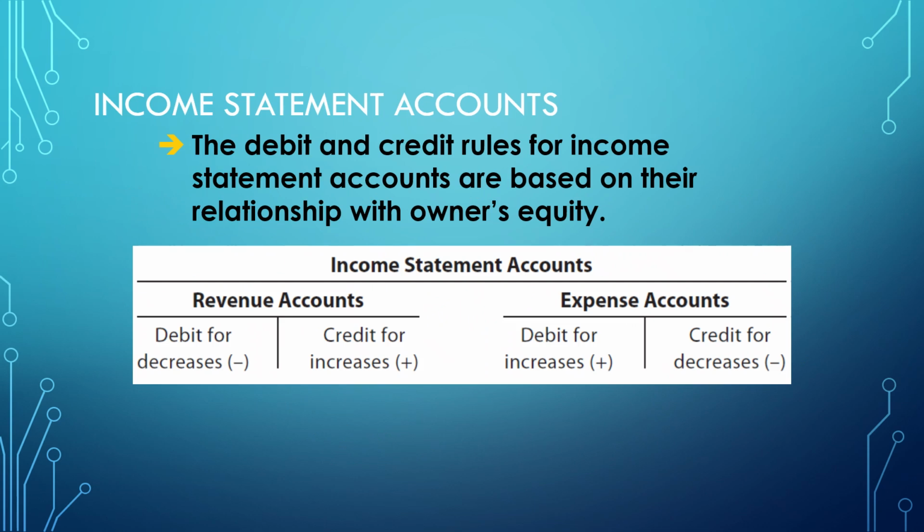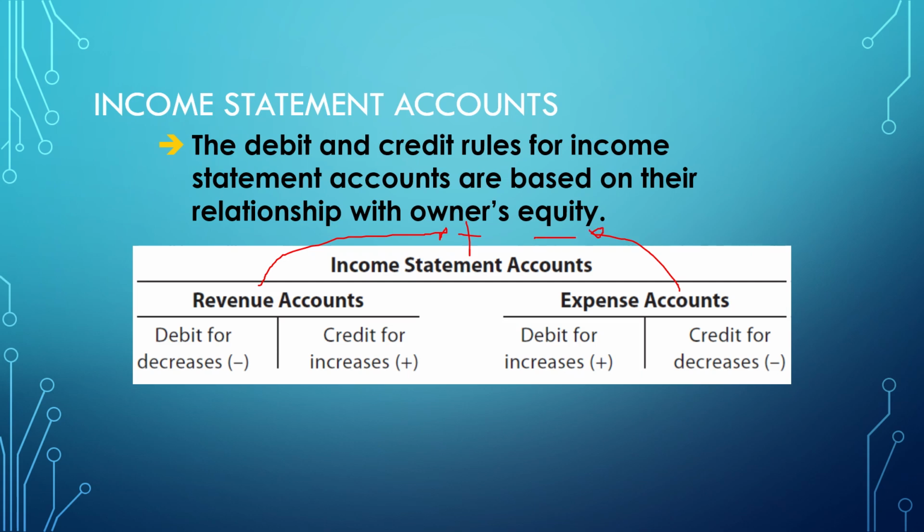And then for income statement accounts, we have these rules for their debit and credit. Take note, revenue and expense accounts affect owner's equity, right? Now, we know that revenue increases owner's equity. It's a plus to owner's equity. And expense decreases owner's equity.